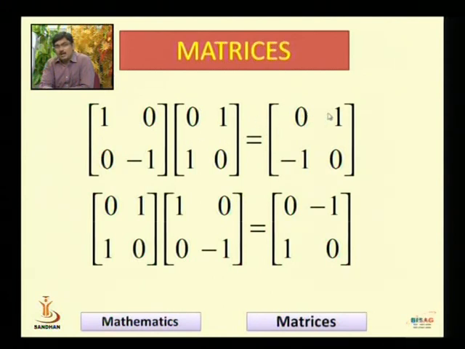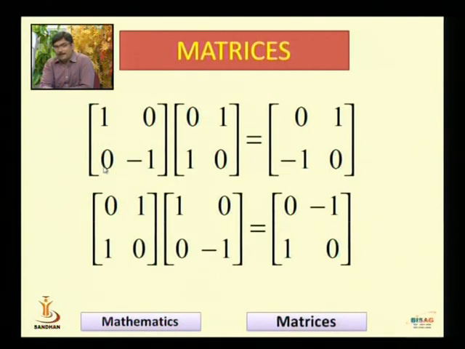Similarly, the other entry is found as follows: multiply the corresponding entries of the first row and second column. So this multiplication is going to give me 1 into 1 is 1, plus 0 into 0 is 0. So the total is 1. Similarly, the second row and first column element is found like this.